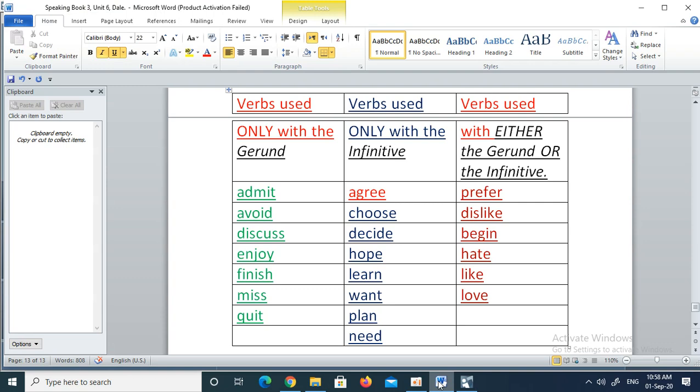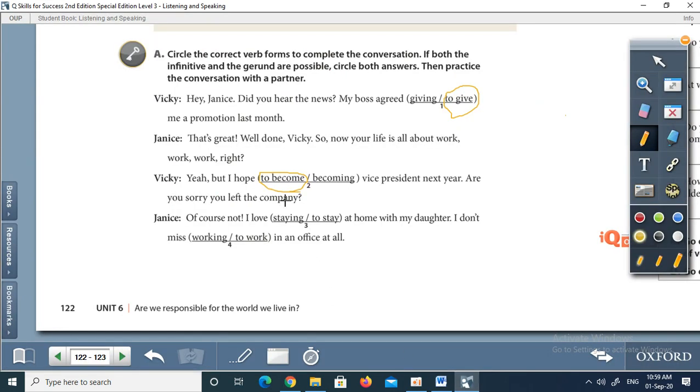And when we look at our list, we can see hope is a verb that can only be used with the infinitive. So again, we would need to answer by circling the infinitive.